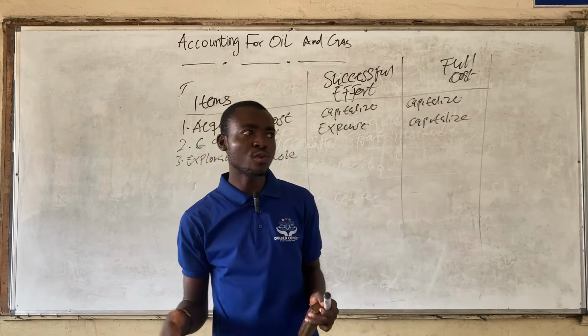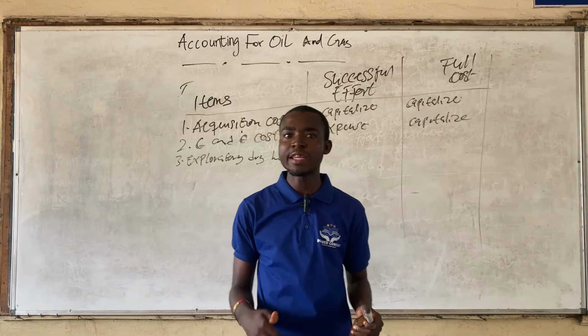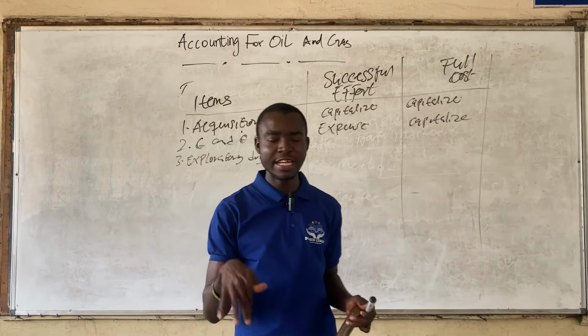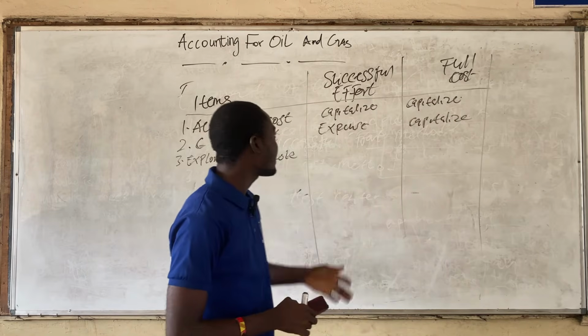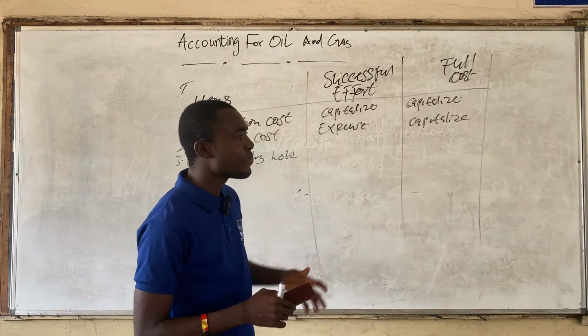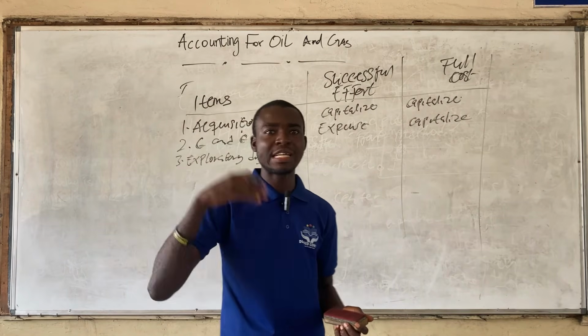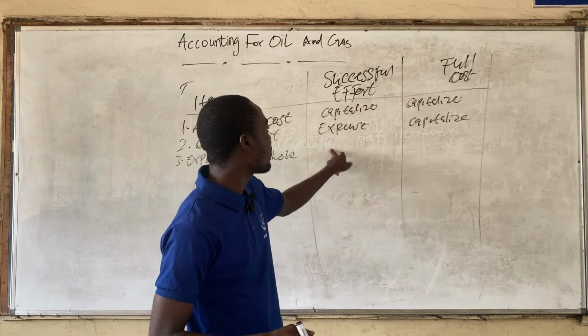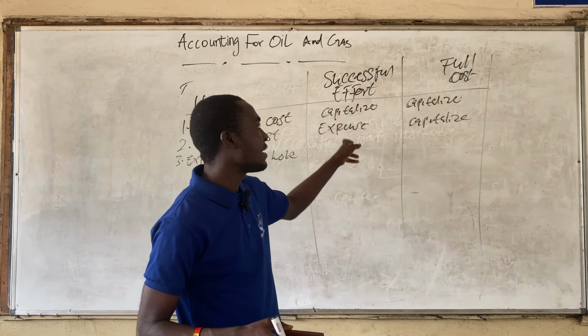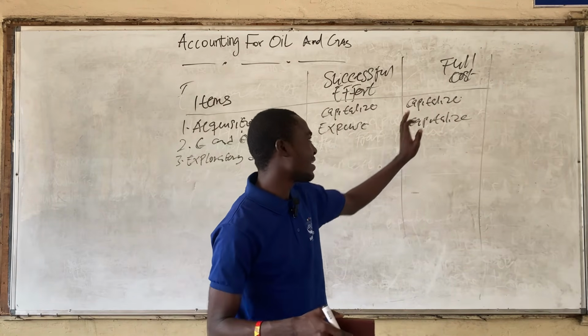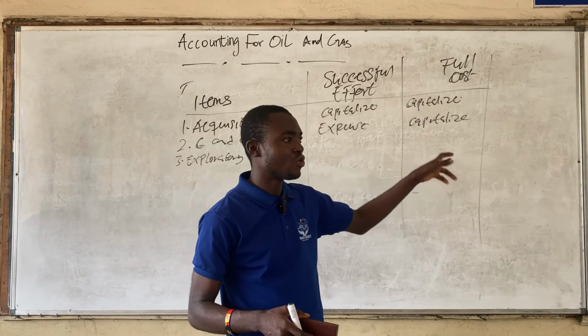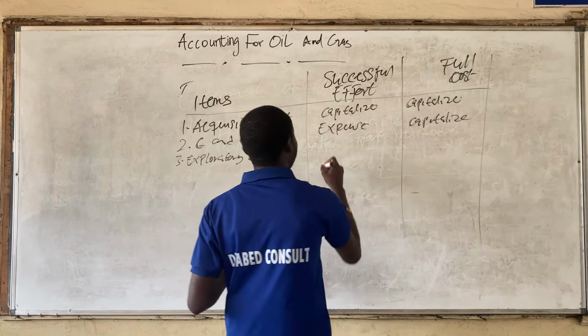After drilling the hole, they were not able to discover any oil reserve in that particular hole. So under successful effort, a dry hole simply means that the activity was unsuccessful, so it will be written off as an expense under successful effort method, and then under full cost method, it will be capitalized.